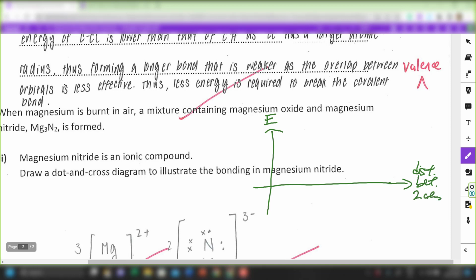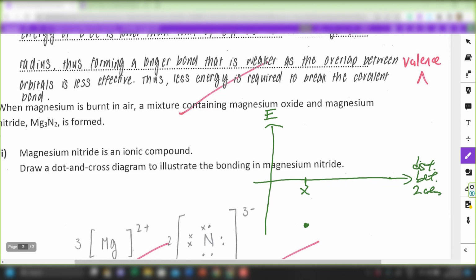Okay, so let's say this is the sweet spot, what we call the bond length. So this is the bond length, let's call it x. Yep. So this bond length will be one where it has the lowest energy level, because that is the optimal distance. Yeah.